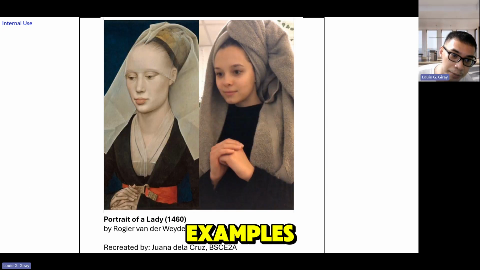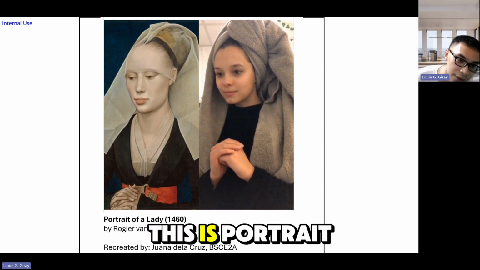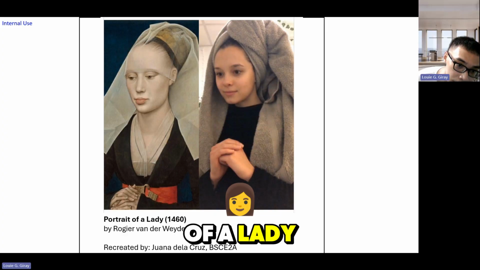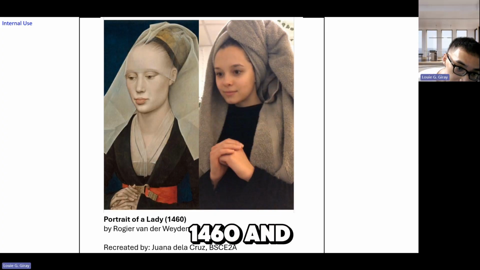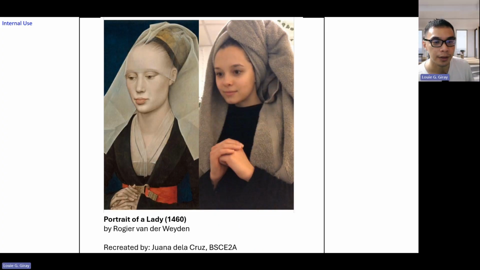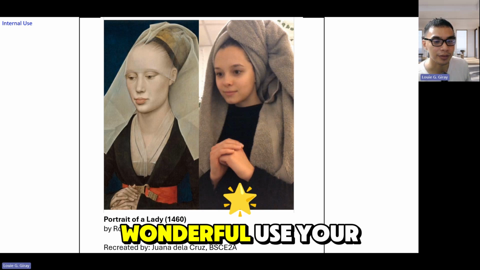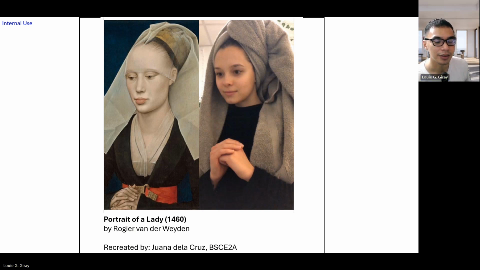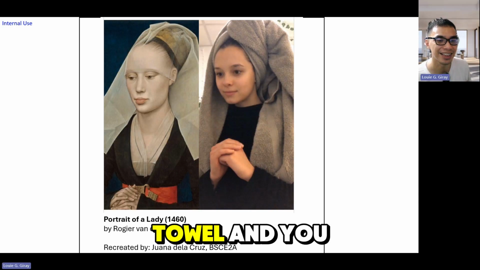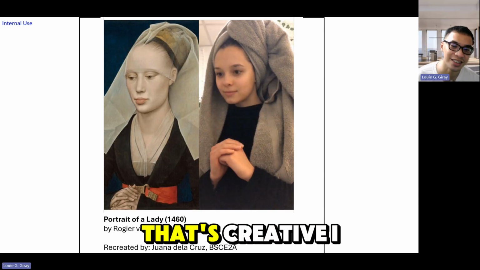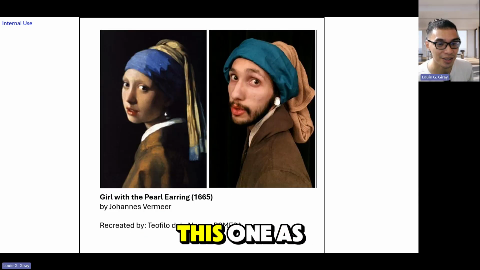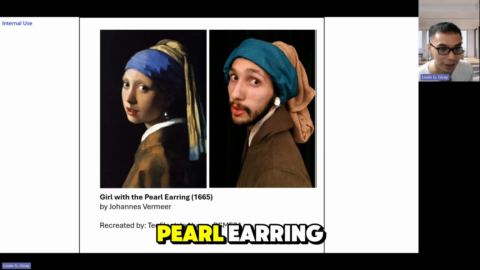So here are some examples. This is Portrait of a Lady, 1460, and wonderful. You use your towel, and you could have that. That's creative, I can say. And this one as well, Girl with a Pearl Earring.